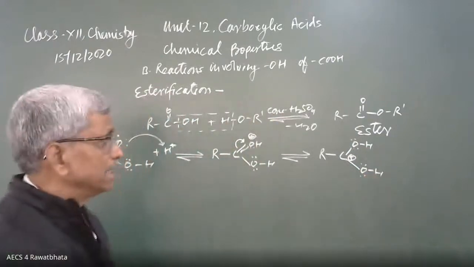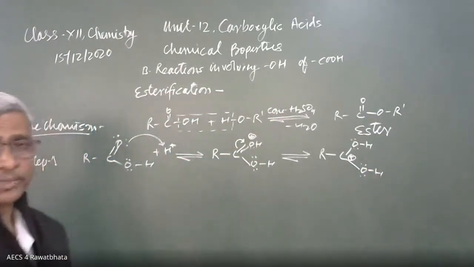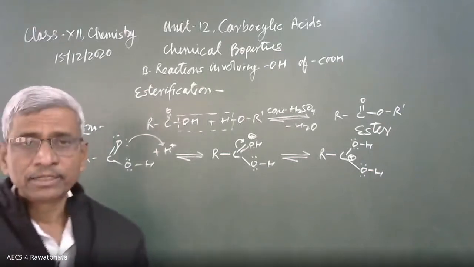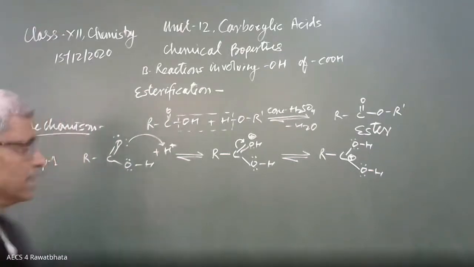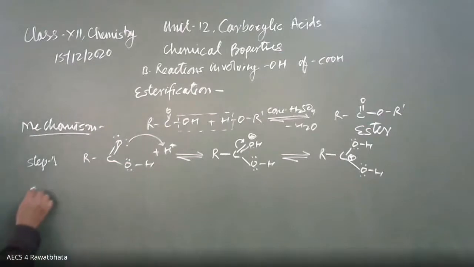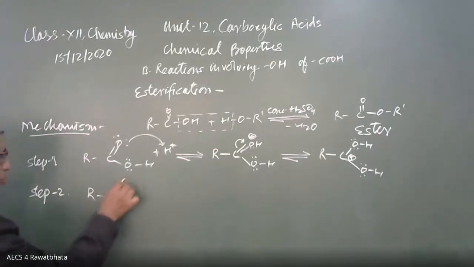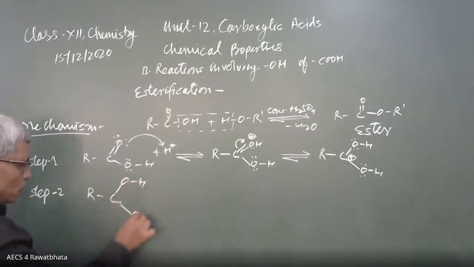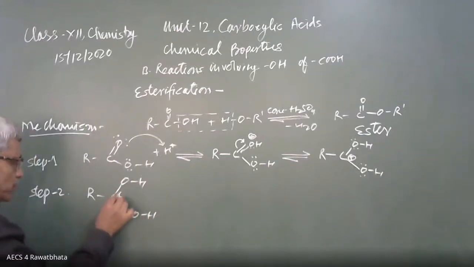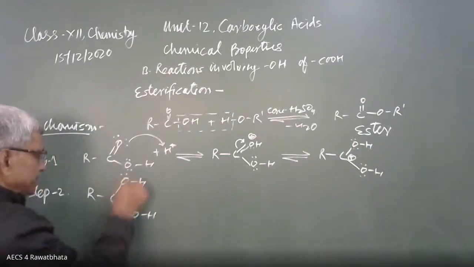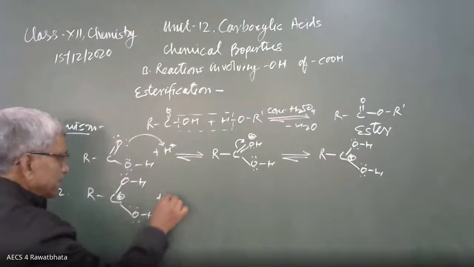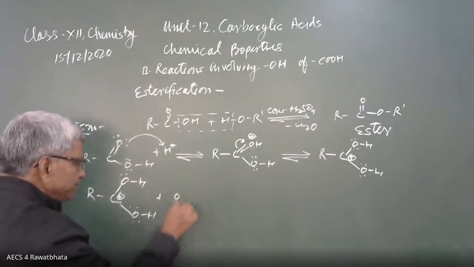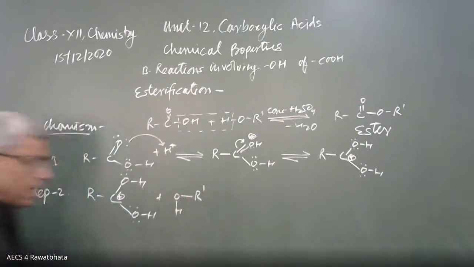Then this positive charge carbon is attacked by alcohol. That's why I'm going to take another step. Step 2. Here is R, C, OH, OH, with positive charge over carbon.